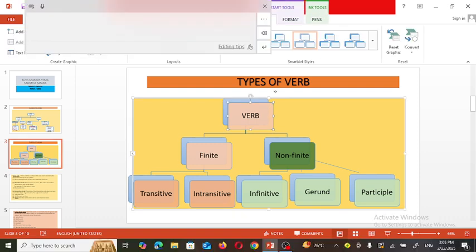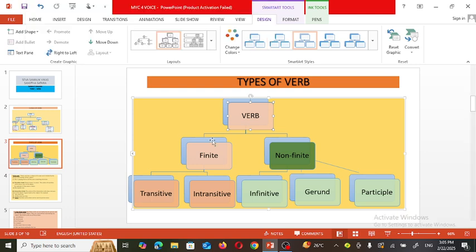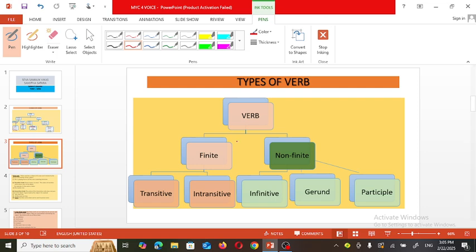Ordinary verbs can also be classified as finite verb and non-finite verb.